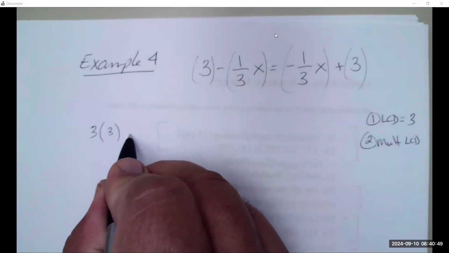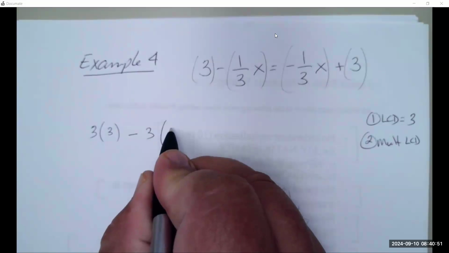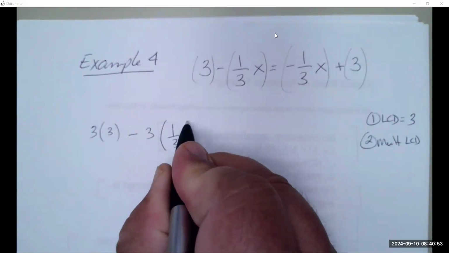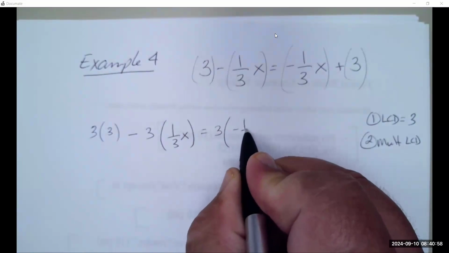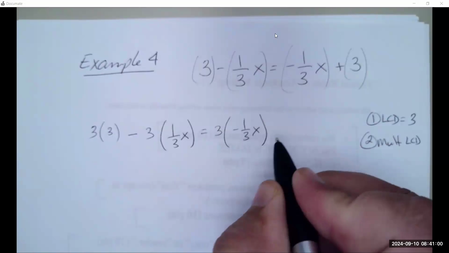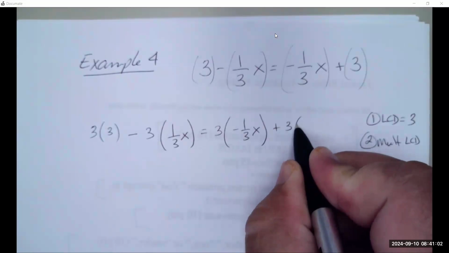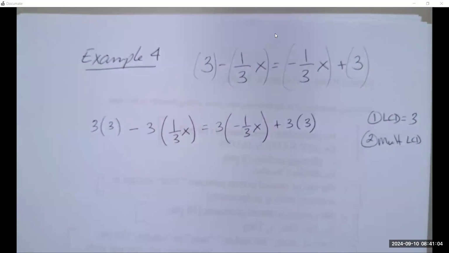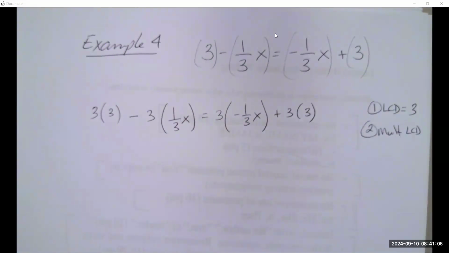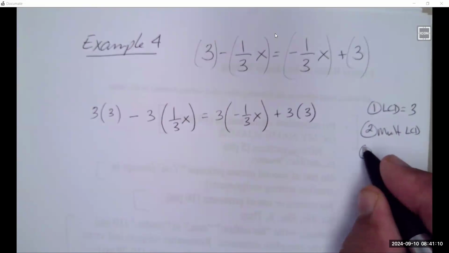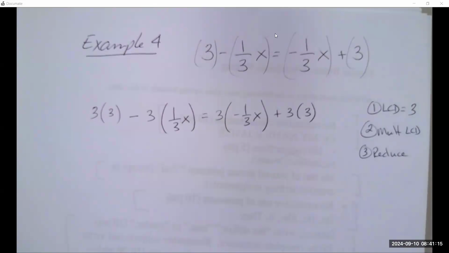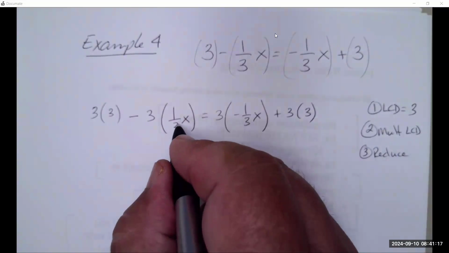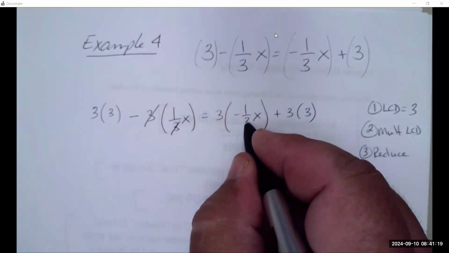So 3 times 3. Reduce. So the 3's cancel.